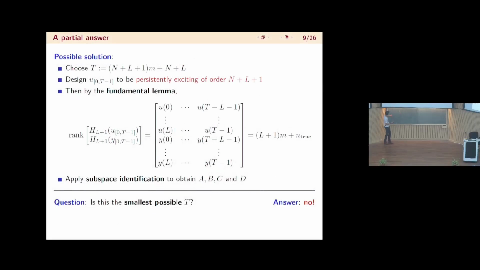I just need to choose this sequence of inputs in such a way that this Hankel matrix has rank 5. So this procedure obtained from the fundamental lemma is in principle completely offline. First, we design the sequence of inputs, then we apply these inputs to the system, we collect the output data, and that's it. So sometimes people refer to this as offline experiment design.